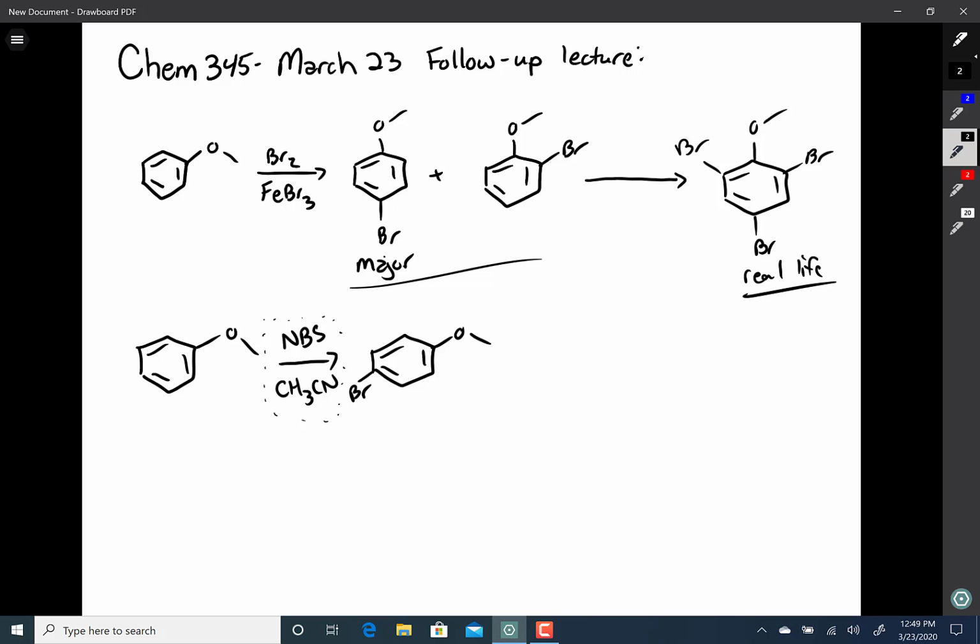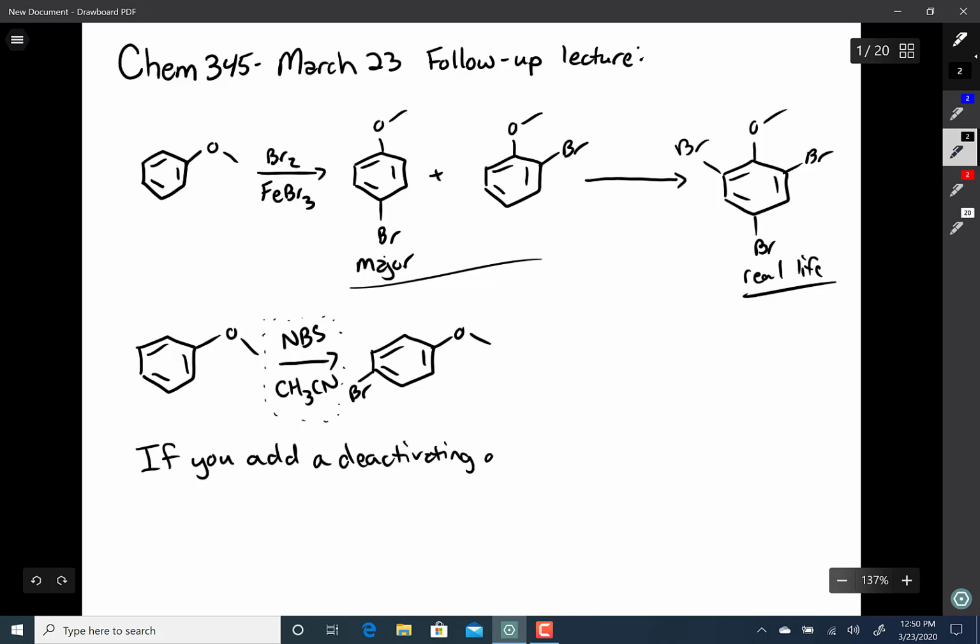So this is a bit of a lie, but the rule for this class is going to be: if you add a deactivating group in an EAS reaction, you will stop after a single addition.